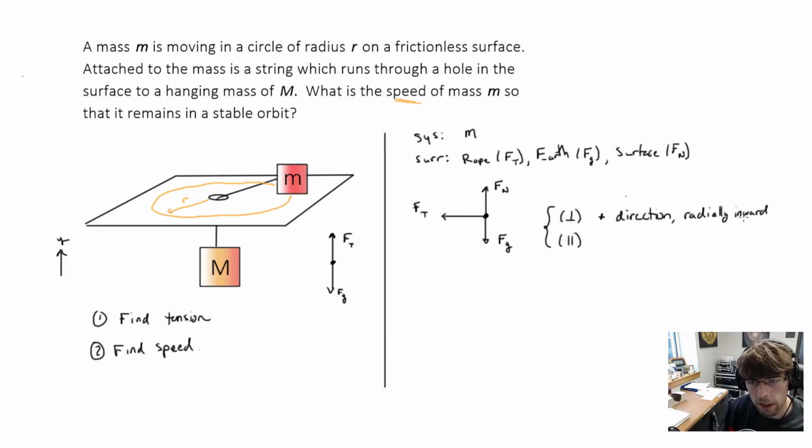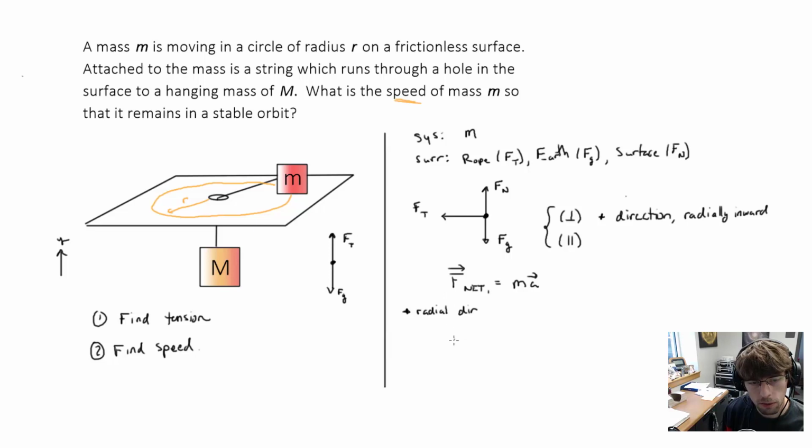So if I call it radially inward, okay, let's go ahead and apply our physical principle. F net equals ma. Okay. And now here we're going to take the radial direction. Hopefully now you see where the value is in saying positive is radially inward.